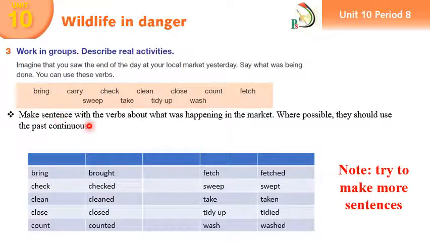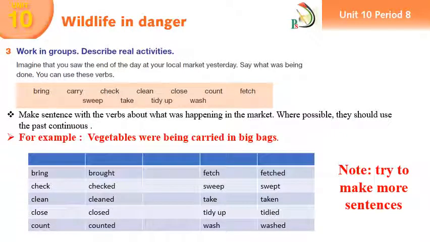Make sentences about what was happening in the market, using the past continuous where possible. For example: vegetables were being carried in big bags.